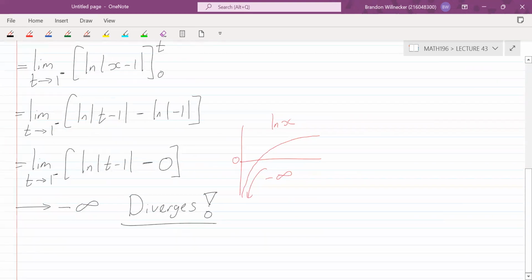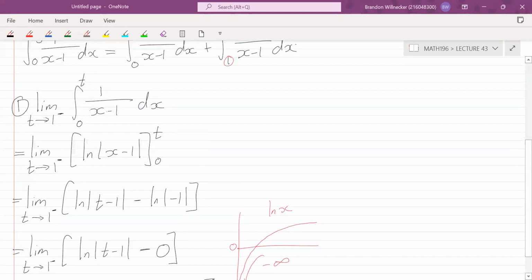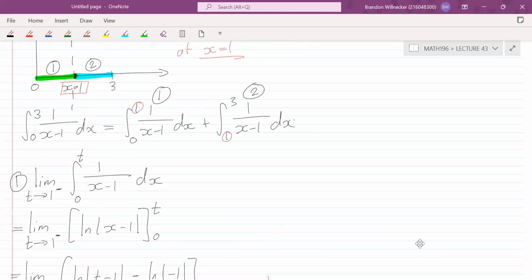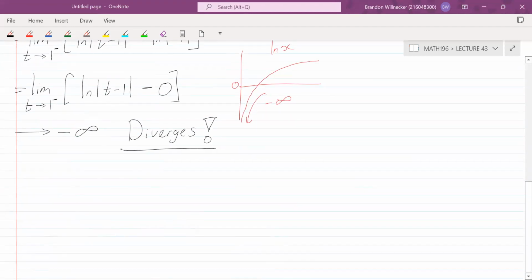Okay, so remember what I said last time, we need both parts to converge for the integral to converge. Here we see that part 1 diverges, so we don't even need to calculate part 2. The whole integral already diverges.